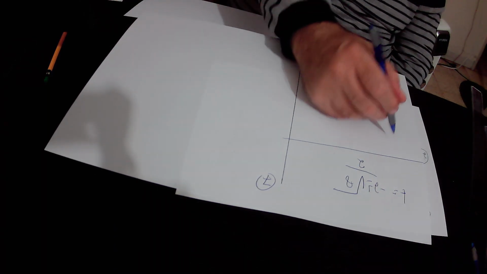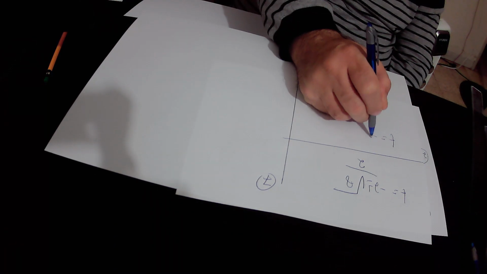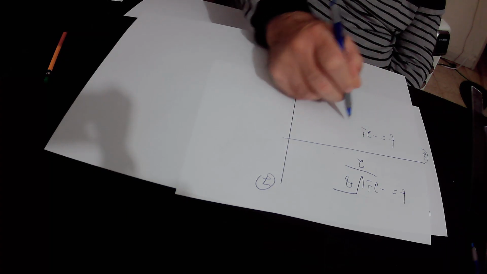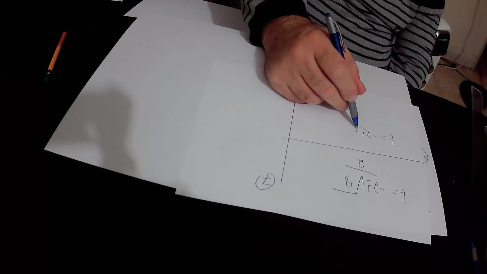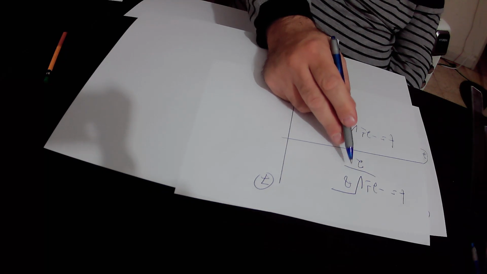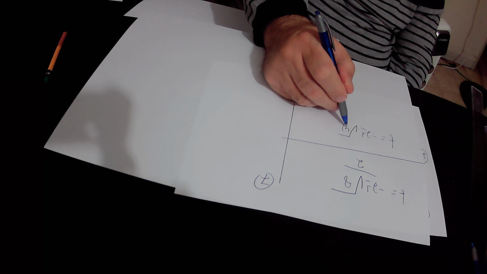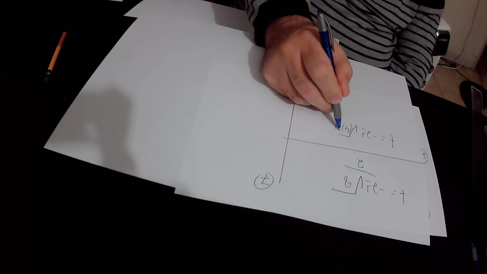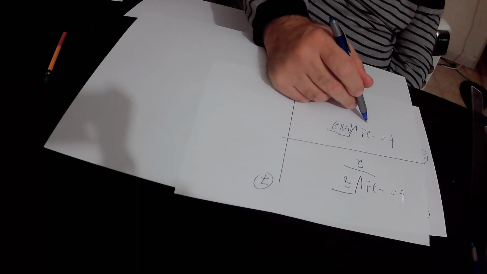So t equals minus 2 plus minus square root of 8. 8 is 4 times 2, so substitute 8 by 4 times 2, all divided by 2.